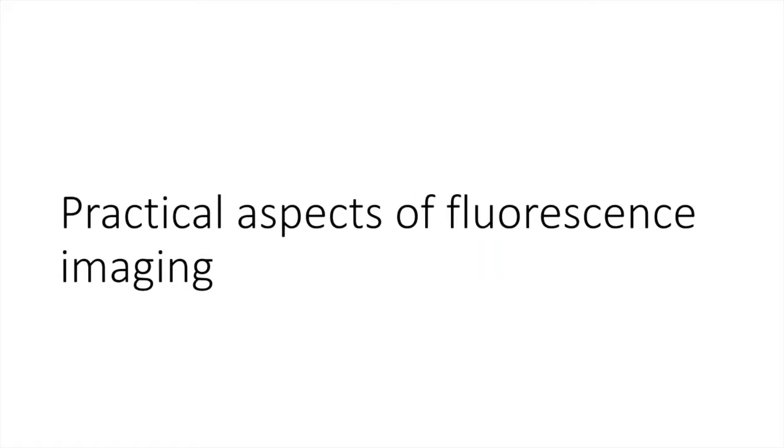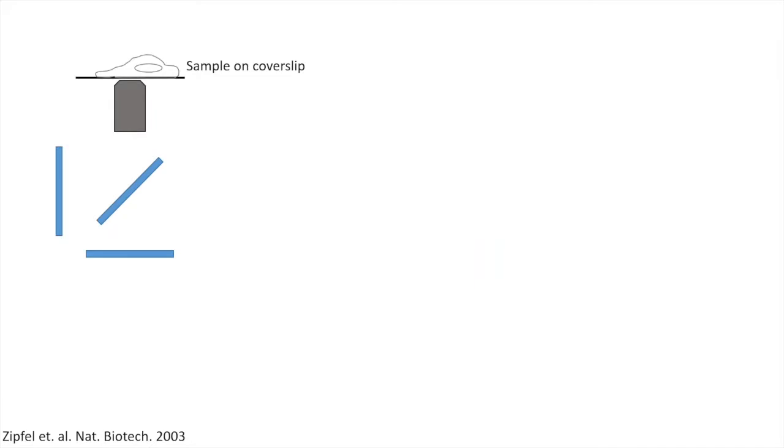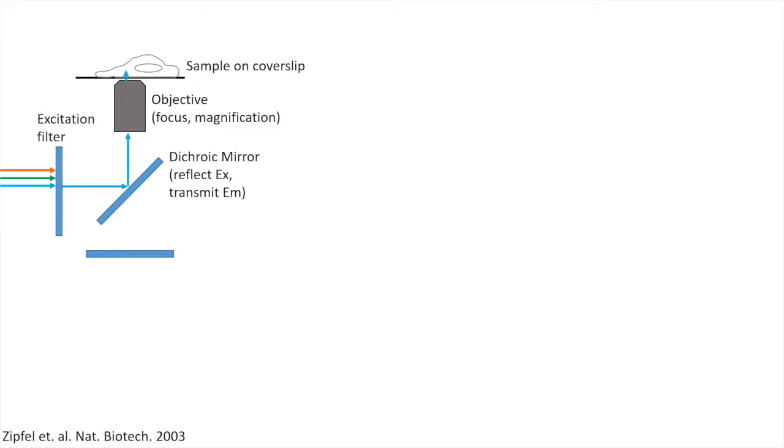So I'd like to talk about the practical aspects of imaging. When you have the sample on a cover slip and you want to do fluorescence imaging, you have an excitation filter to make sure you excite the right wavelength. It goes through the dichroic mirror to reflect the excitation, and is then focused by the objective.